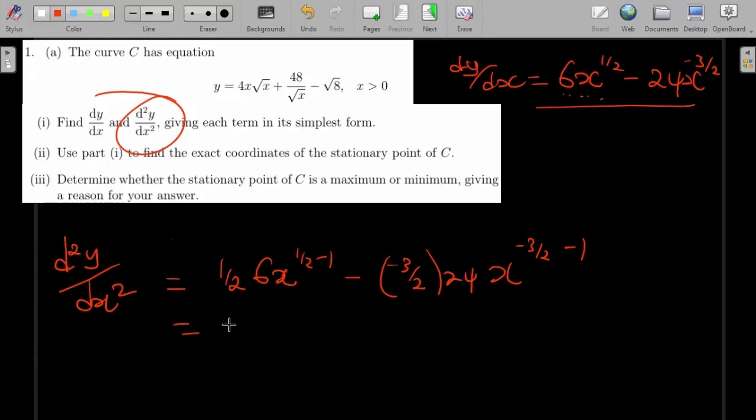So what I get here is 3x, what is half minus 1? It will be minus half. And then this and this will become a positive. So this will be 3 over 2 multiplied by 24. So that's the same as 3 multiplied by 24, and then you divide by 2. Or you can say 24 divided by 2, which is 12, and then multiplied by 3, which will just give you 36, and then x.